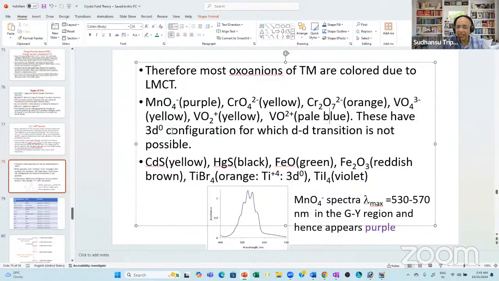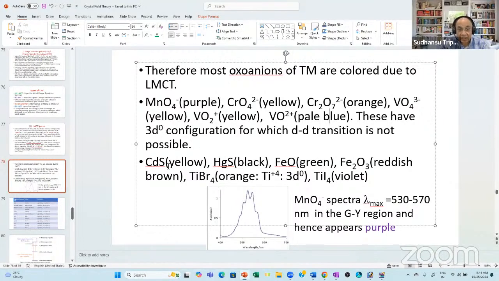These have D0 configuration. The DD transition is not possible at all, but they are intensely colored because one of the electrons from oxide, in all the cases oxide, is being promoted to one of the vacant orbitals, T2g or Eg, in the metal ion.